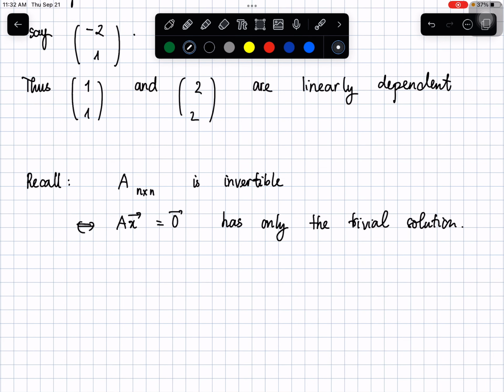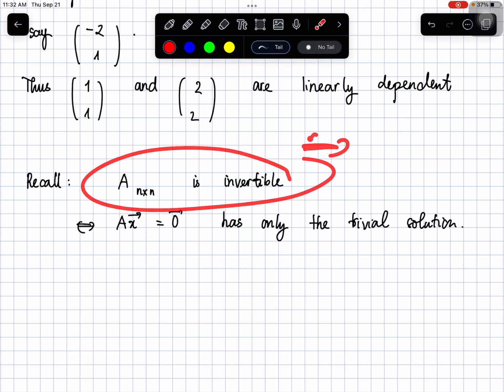And we also know that A is invertible if and only if the determinant of A is non-zero.